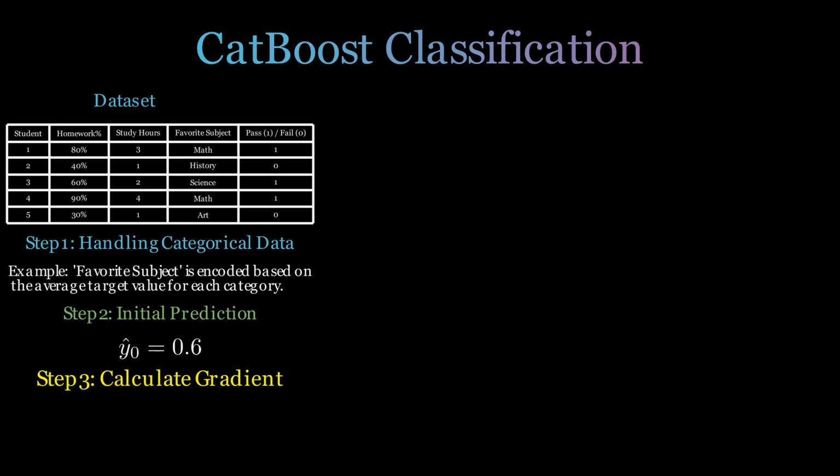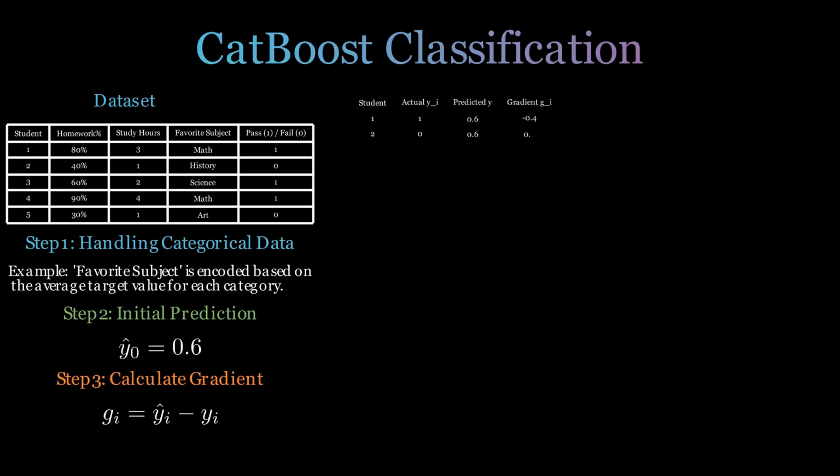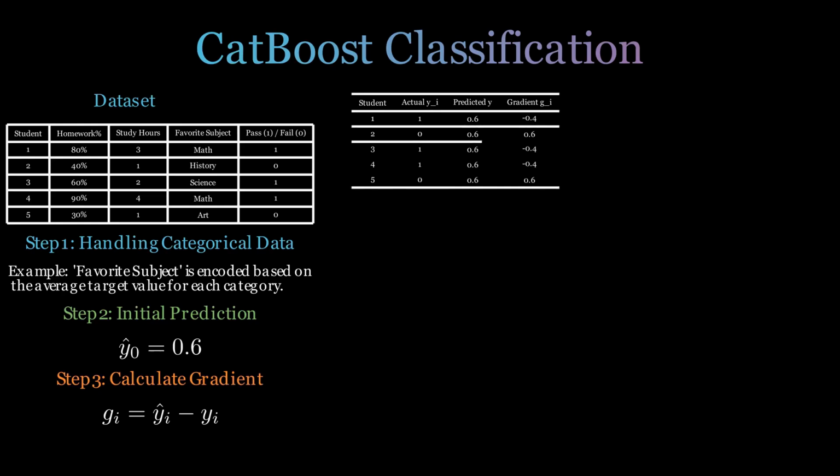For each student, the gradient is the difference between the predicted probability and the actual result. Here are the gradients for each student. For example, for student 1, the gradient is 0.6 minus 1, which equals minus 0.4.